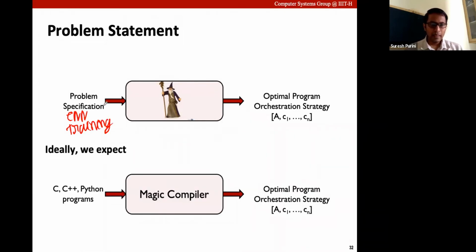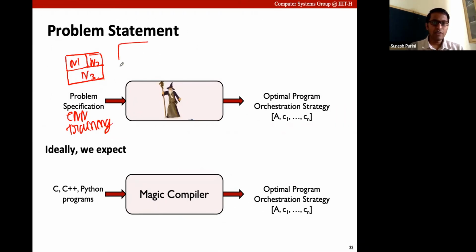So what is an orchestration strategy? As I said, if this is the whole program, you want to split this program and say this chunk of the code runs on node N1, this chunk of the code runs on node N2, and this chunk of the code can run on node N3.